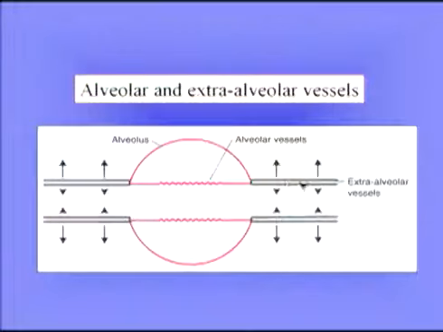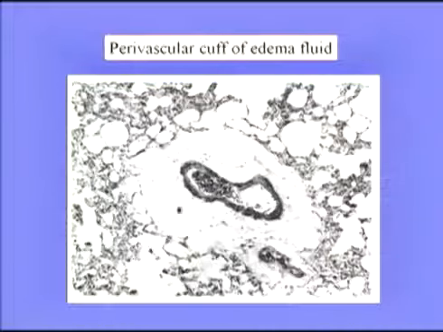And I think you can see that the pressure in this perivascular space is going to be low. It's rather like the sump of a car engine where the oil collects. This is a sort of sump, if you like, of the lung. And that's the reason why, if we get interstitial edema, we get a cuff of edema fluid around a small blood vessel, in this case, in fact two of them here, or a small airway.